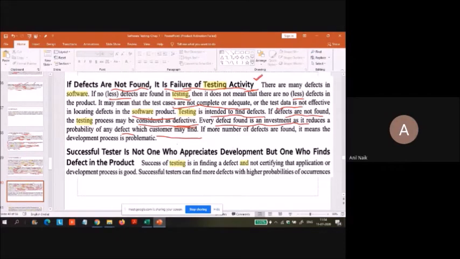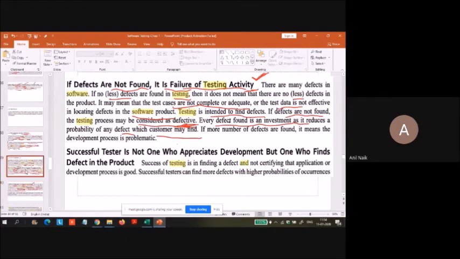You may have to change the testing strategy or the test cases you have written, which are not covering all the defects in a software product. Testing is intended to find the defects. If defects are not found, the testing process may be considered a defective process.